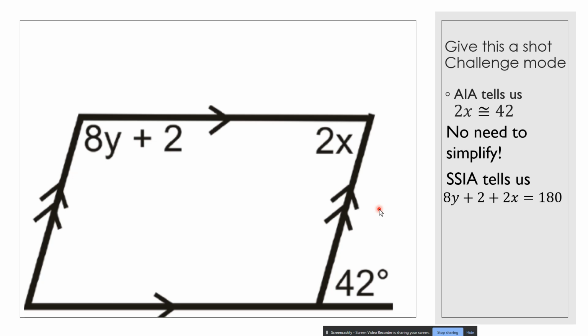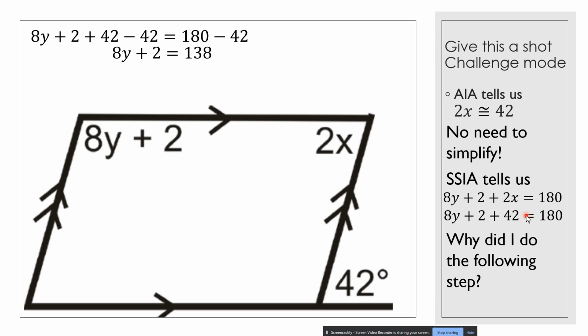Or we can just realize that we have this whole thing (8y plus 2). Because these are congruent, we can substitute them in, so we don't need to simplify. We could divide by 2, but then we would have to multiply by 2. By realizing they're both 42, we can just plug it right in. So then we have 8y plus 2 plus 42 is equal to 180.